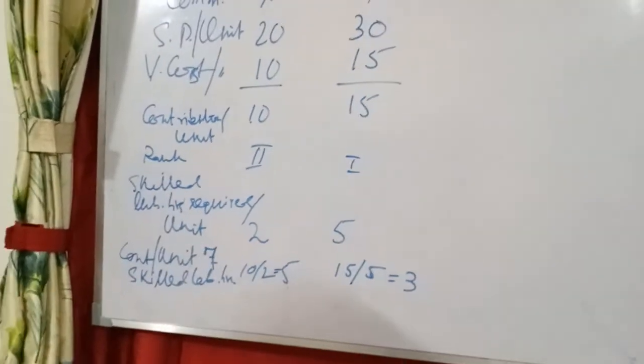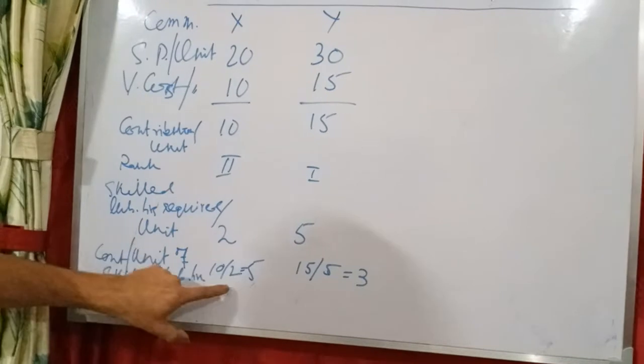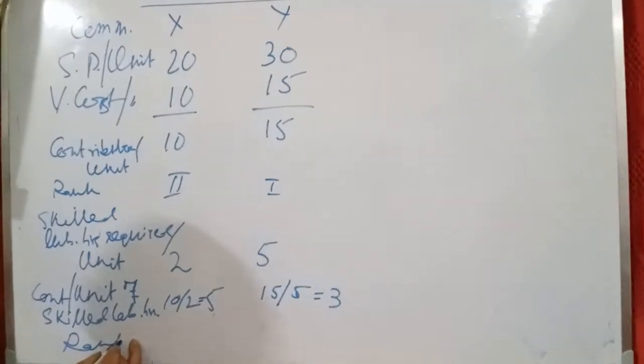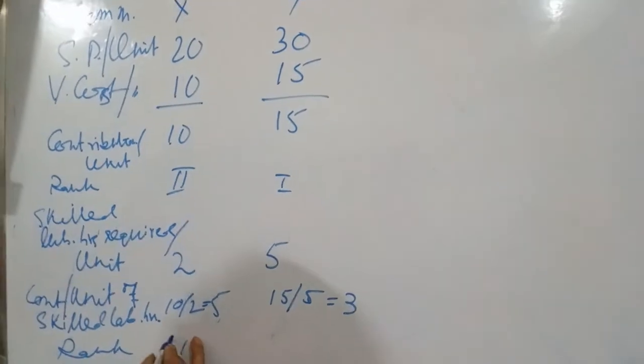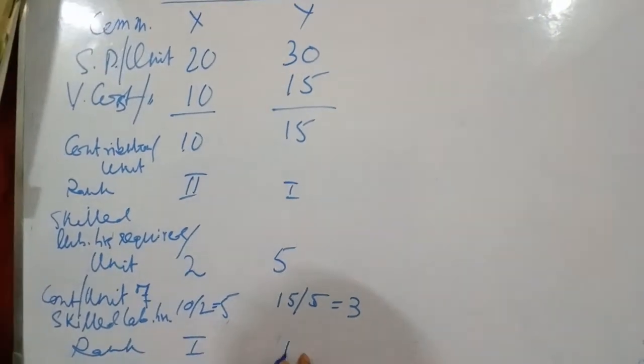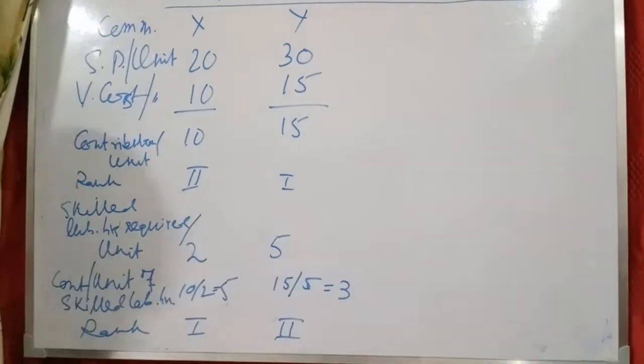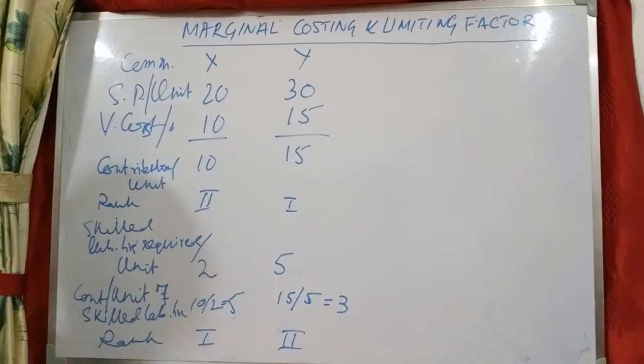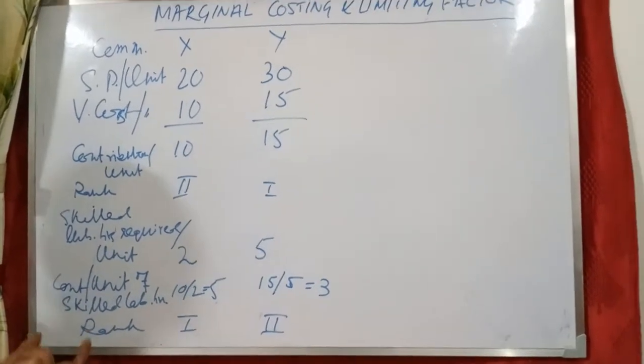Now you see the ranking has changed. Here the rank will be like this, X will be first, Y will be second, because we have considered the supply of skilled labor hours which is limited.